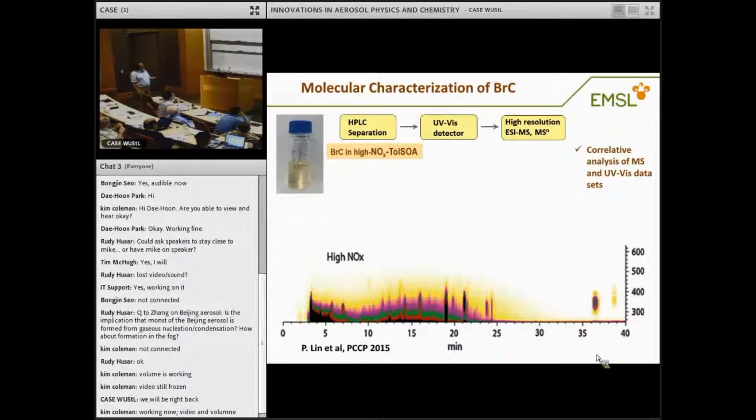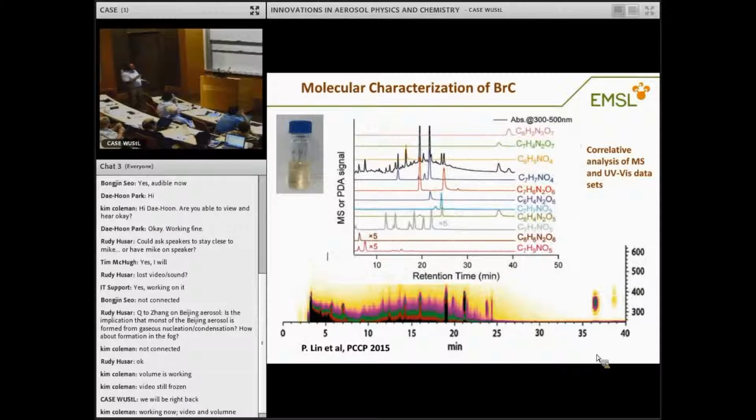Then we can correlate the appearance of specific peaks or specific bands of light absorption with the different ions separated on the column, and come to conclusions about what kind of compounds or materials are responsible for specific moments of light absorption.